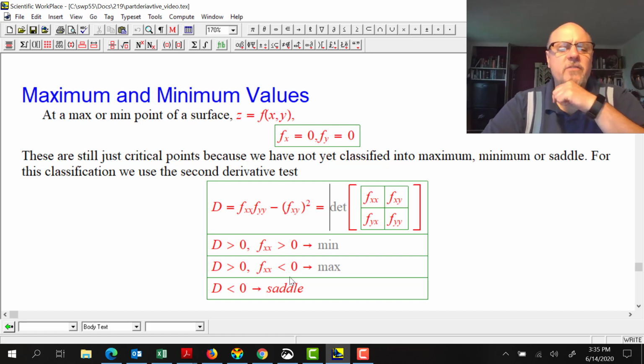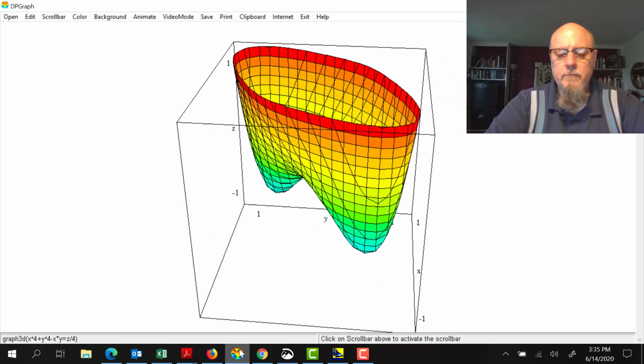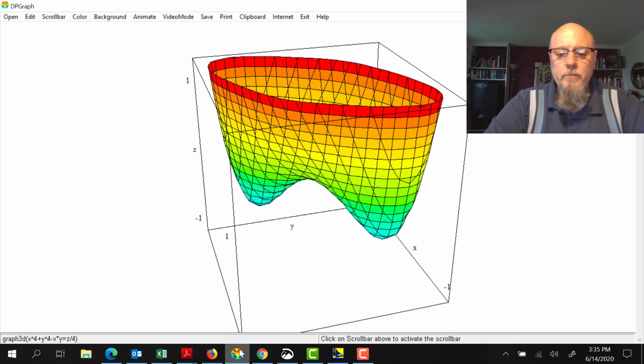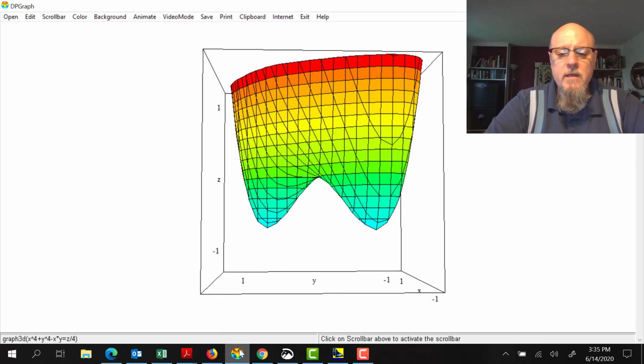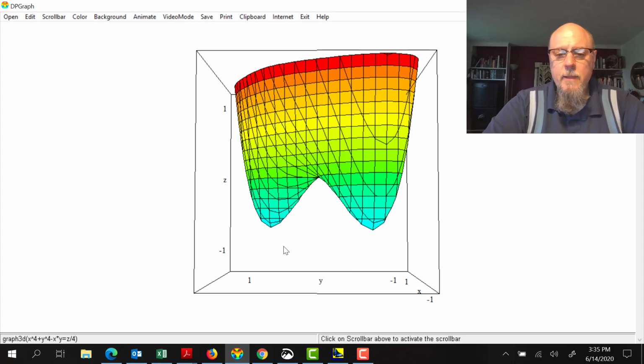Now how would this make sense? Let's go back and look at our saddle point that we have a picture of. If I look in the y direction, this looks like it's concave down. So the second derivative in the y direction, f sub yy, looks like it would be negative.